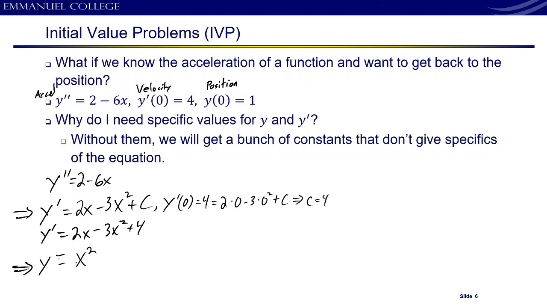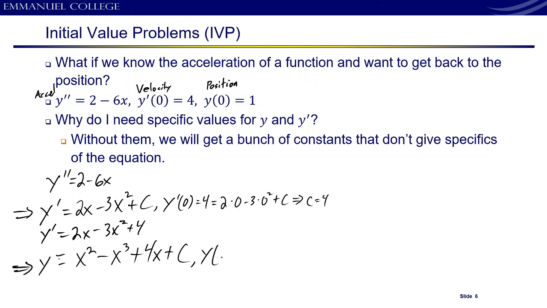And don't need the 2 out there, so good to go. Minus, all right, this would have to be x cubed. And that 3, don't have to worry about it. Plus, using the same logic with the 2, this is just going to need to be 4x, and this will be plus c.